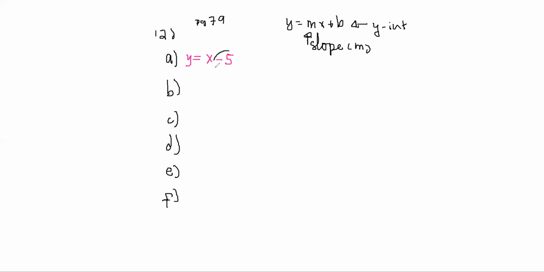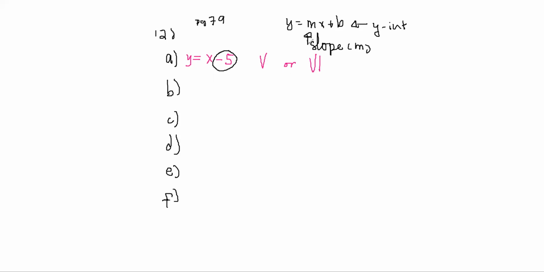So your y-intercept here is going to be -5. So I'm going to immediately look through and try to find something with a negative y-intercept. The only ones that stand out to me right now are 5 or 6. So I know it has to be one of those two because they have the negative y-intercepts.